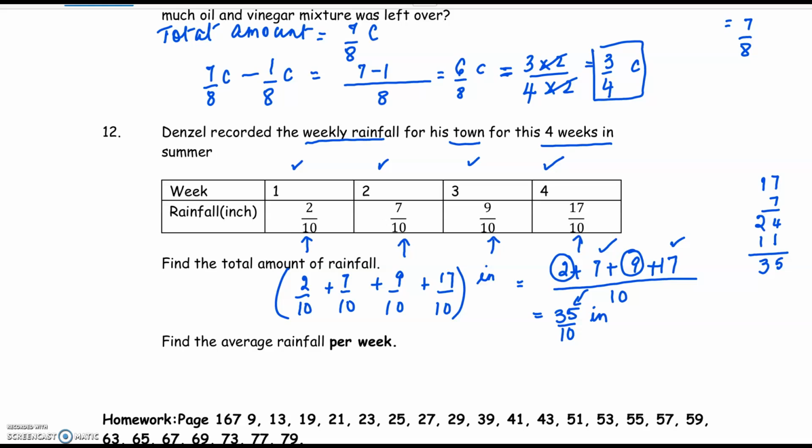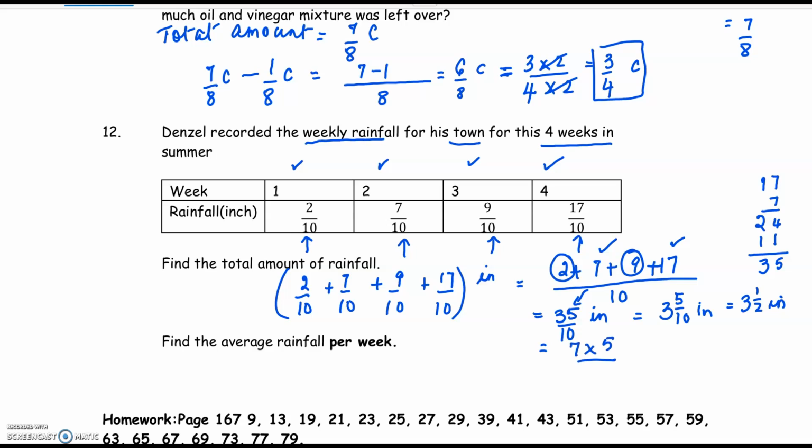So it's 35/10, which is 10 goes 3 times into 35, leaving a remainder of 5. So 3 5/10 of an inch, which is the same as 3.5 inches.